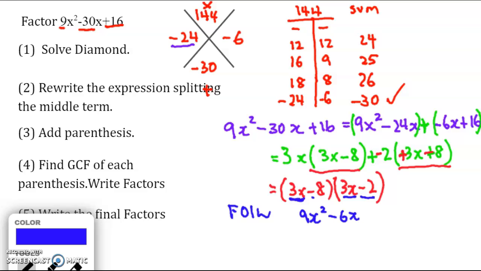Inside, negative 8 and positive 3x is 24x. And finally, negative 8 times negative 2 is positive 16. If I combine the like terms in the middle, that becomes 9x squared minus 30x plus 16, which is the expression we started off with.